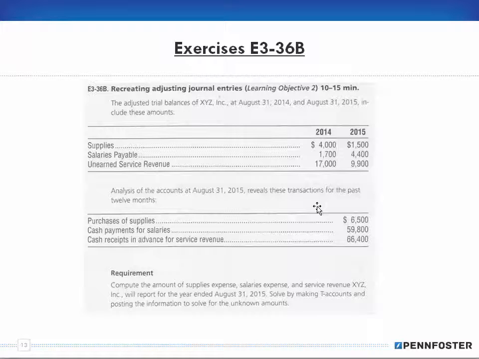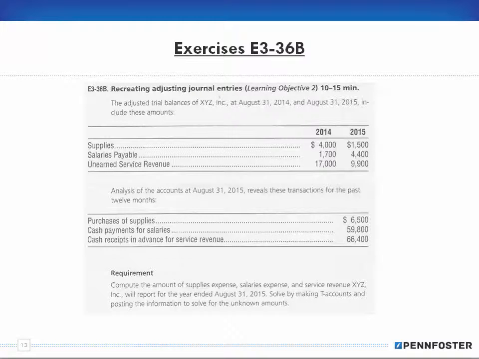36B, let's see here. Let me look at this real quick to see if I can do this in this video. It says here, compute the amount of supplies, salary expense, service revenue we'll report for the year end, solved by making T accounts and posting information to the accounts. Okay, so yeah, I'm going to work through this in this video.